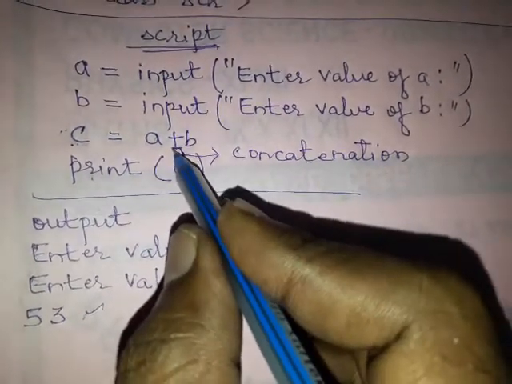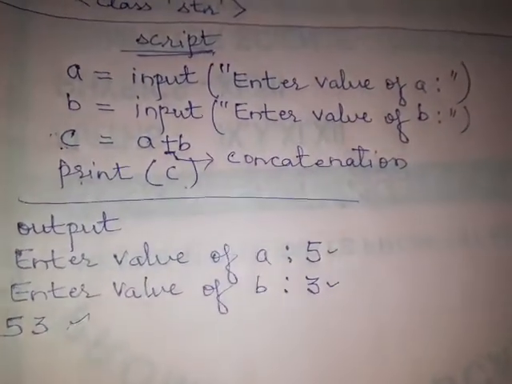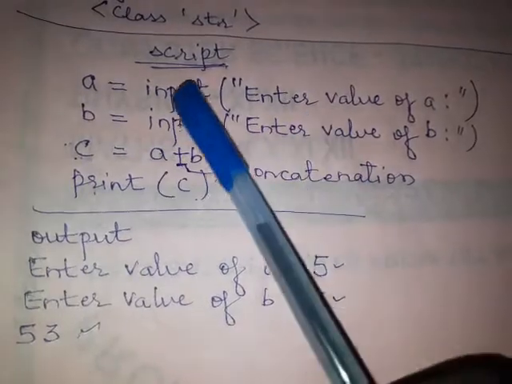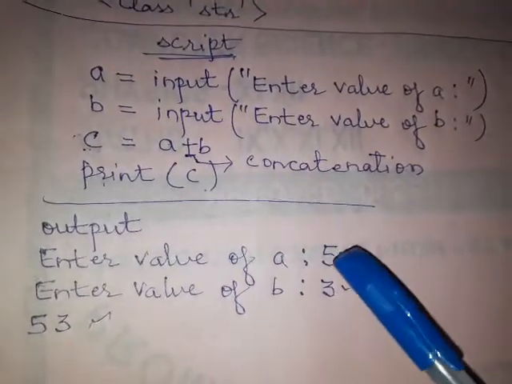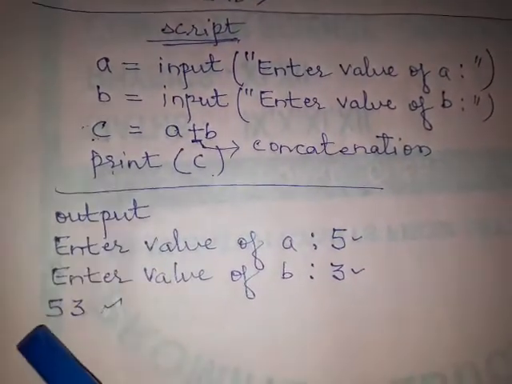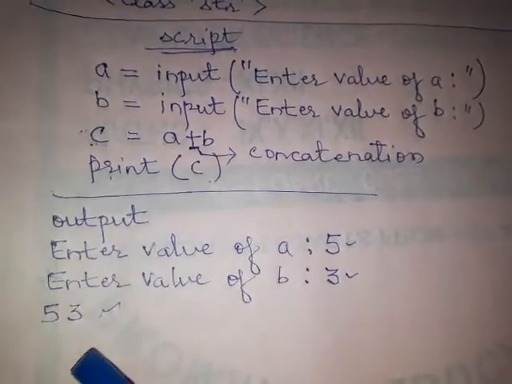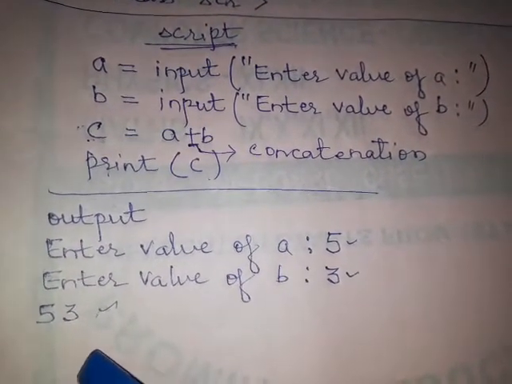This feature of the string we will study in our later part of the program. Here this input will give assigning the value of string type, so it will not behave properly when you are adding or subtracting them. So what to do?